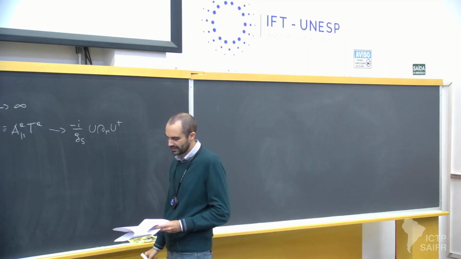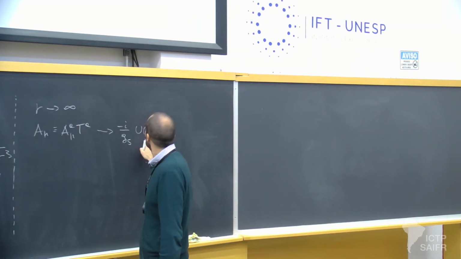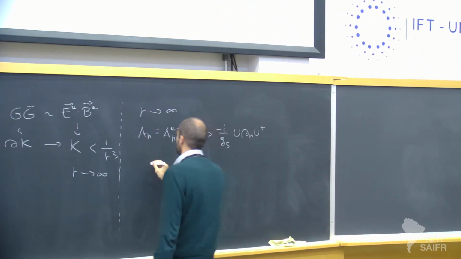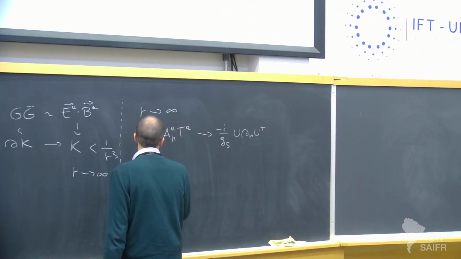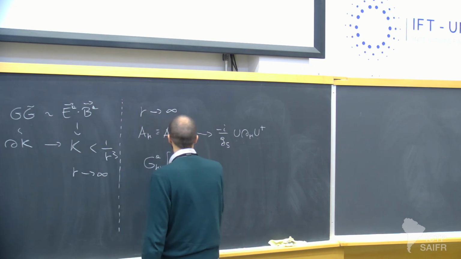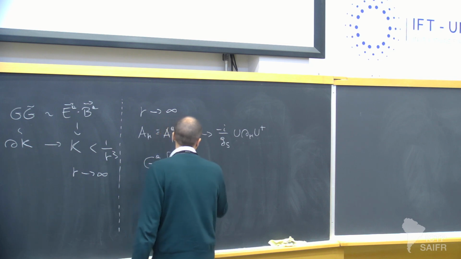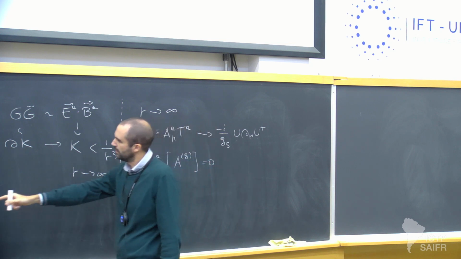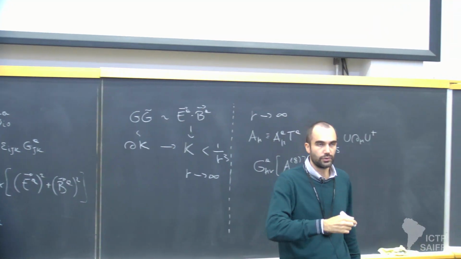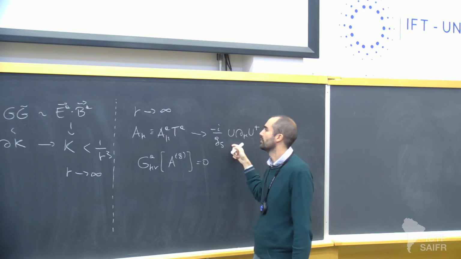It requires some work, but on this configuration the gluon field strength vanishes. So if you compute it for something that is pure gauge, let me call it G, also these contributions to the total energy go to 0 at infinity if the field goes to this pure gauge configuration.